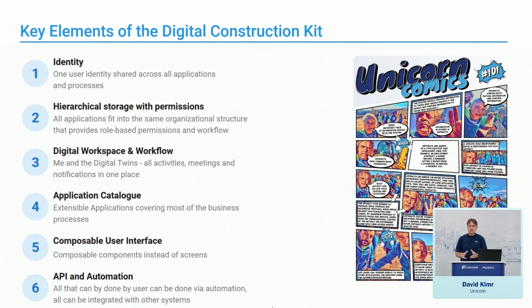So there is a so-called application catalog that covers all those 12 processes, and if you have it, you need to have the view of users, I mean a user interface, that doesn't follow individual applications, but it does follow tasks and services a user must have access to, so that it's composable.